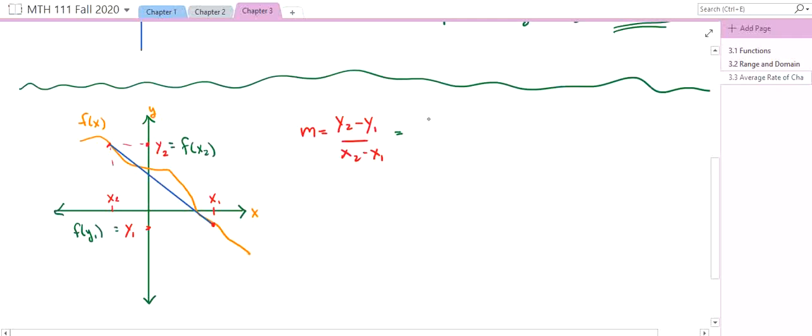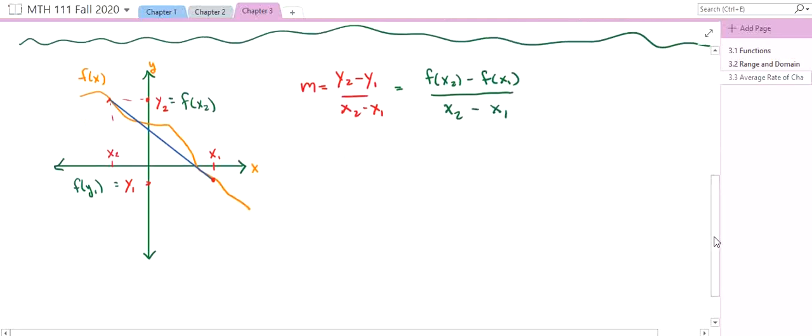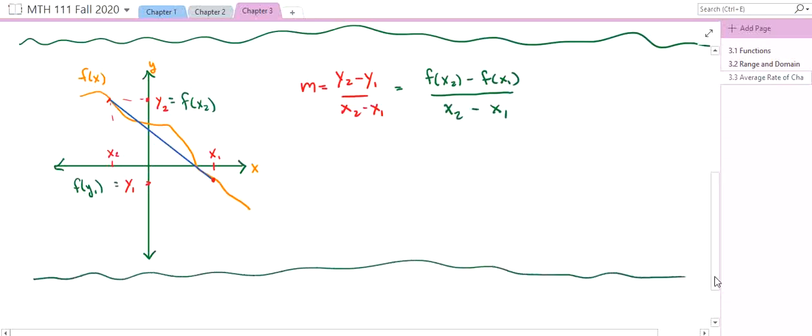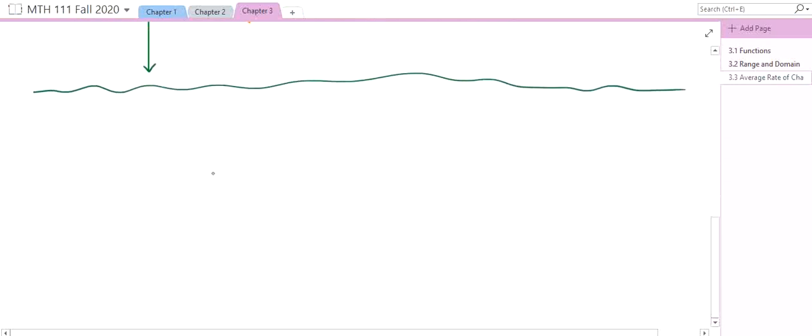So I can kind of rethink this and say that this is f of x2 minus f of x1 over x2 minus x1. So in this way, we can do this average rate of change. We can find average rate of change of functions without graphing them.